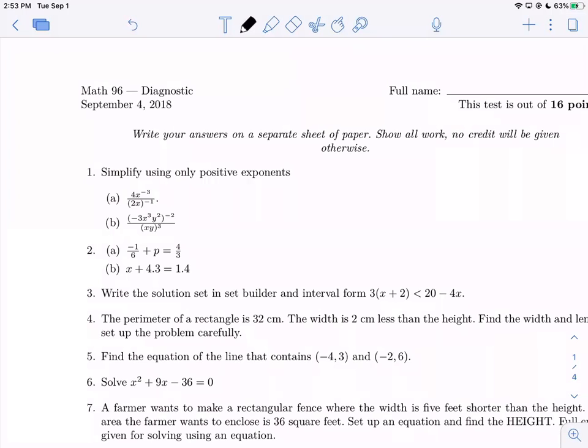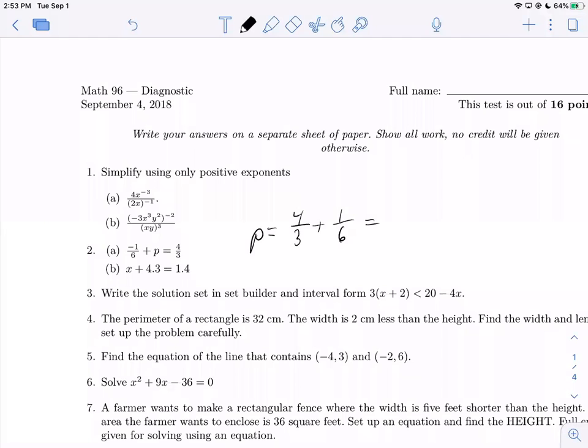For 2b, a lot of people, especially if you haven't worked with decimals in a while or subtracted numbers, get confused. I'll just write these here. For 2a, you write p equals 4/3 plus 1/6. Message me in chat.